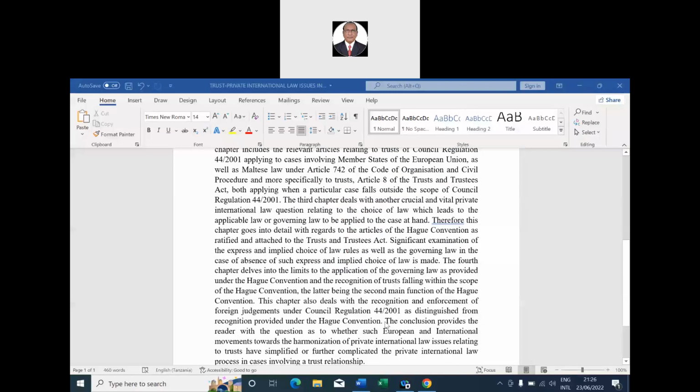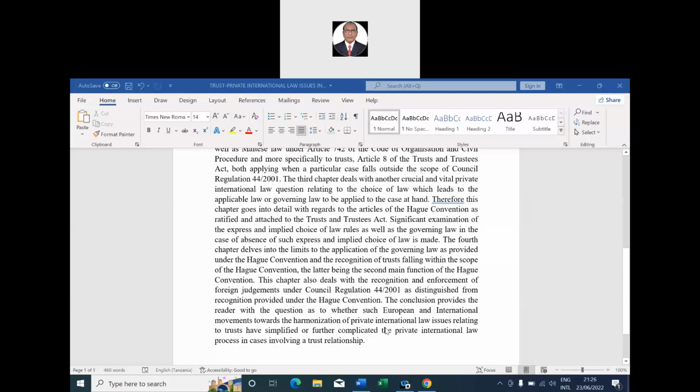As distinguished from the recognition provided under the Hague Convention, the conclusion provides the reader with the question as to whether the European and international movement towards the harmonization of private international law issues relating to the trust has simplified or further complicated the private international law process in cases involving the trust relationship.